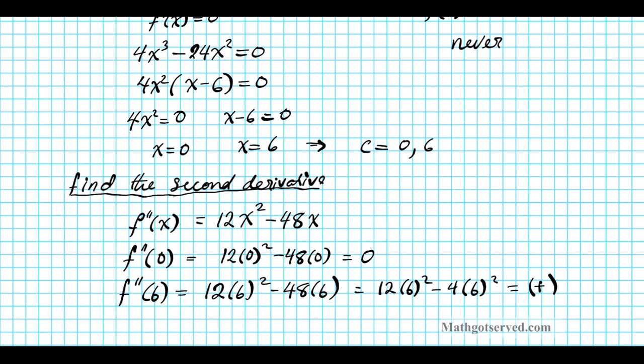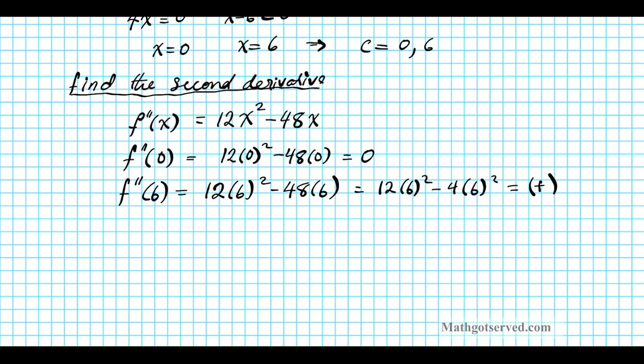All right, so now we have to write down what our results mean. So since f double prime of 0 is equal to 0, and x equals 0 is a critical point, what's the conclusion here?